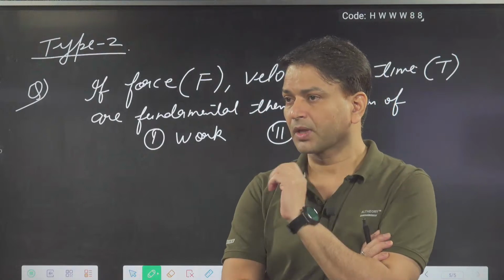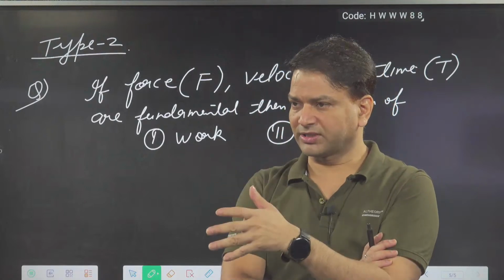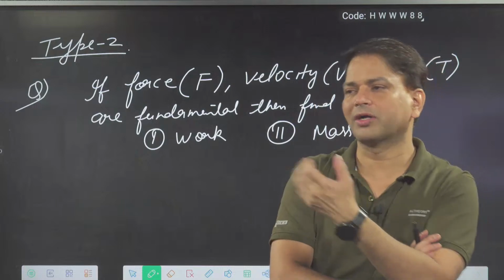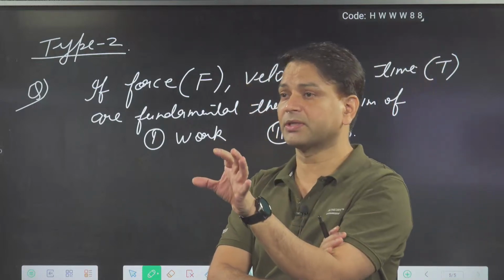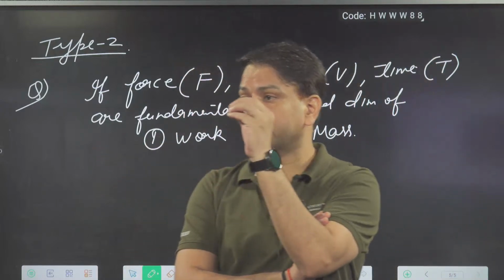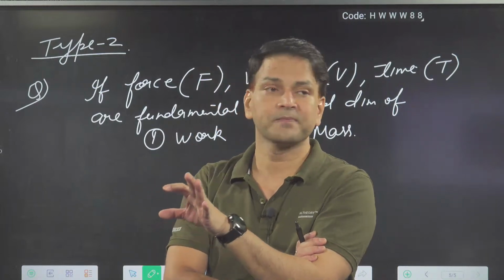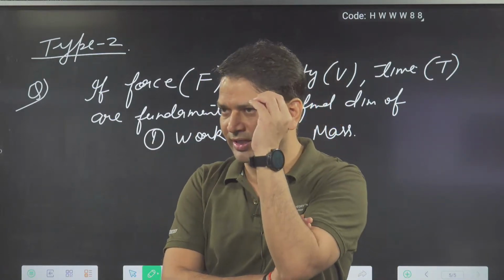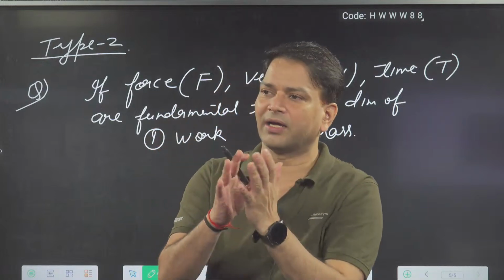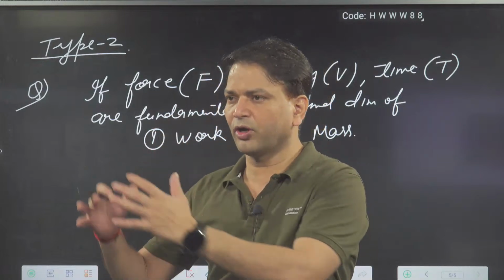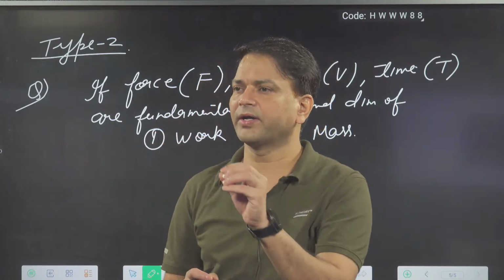I will tell 2 methods for this type of problem. The first one is not really a method. That depends upon you. It can be faster, within maybe 5 or 10 seconds you can get the answer. The other is a proper method: if the first does not click and you are unable to relate the quantities, then follow the second method. Within 5 seconds you have to decide.